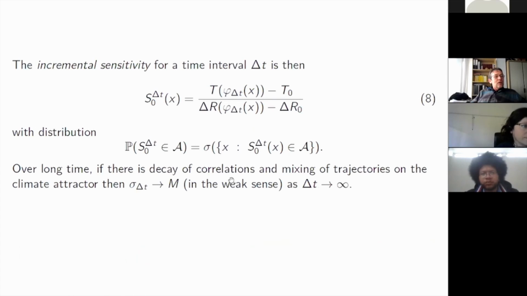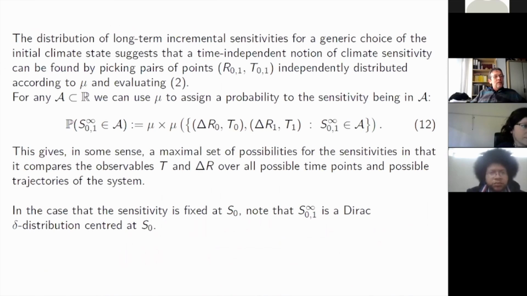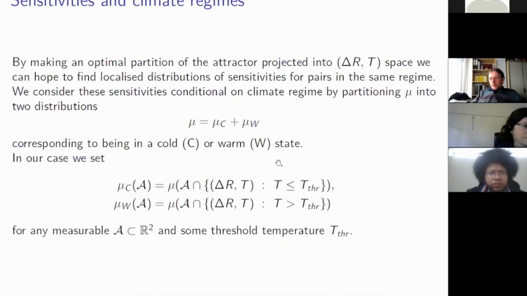Okay, so this is all defined in the paper, and I'm not going to go into that in detail, but I'd be very happy to have some feedback about that in due course. What I'd like to hop on to now is to talk about what happens if you have more than one climate regime.